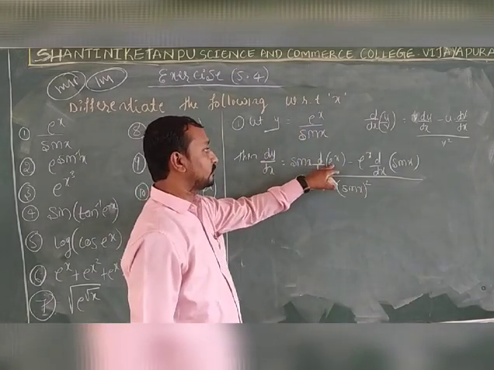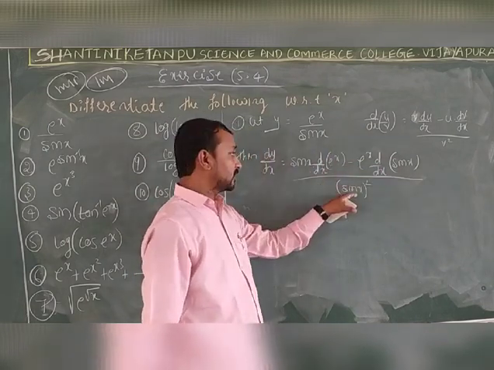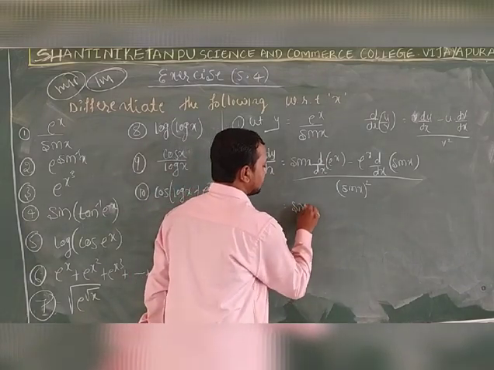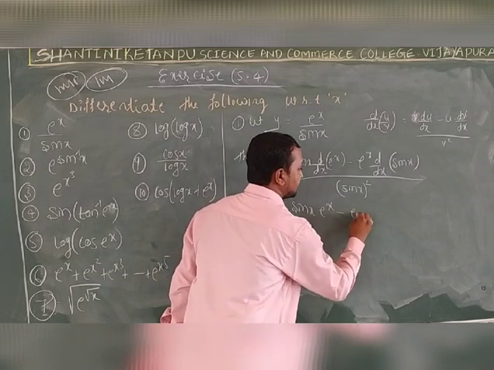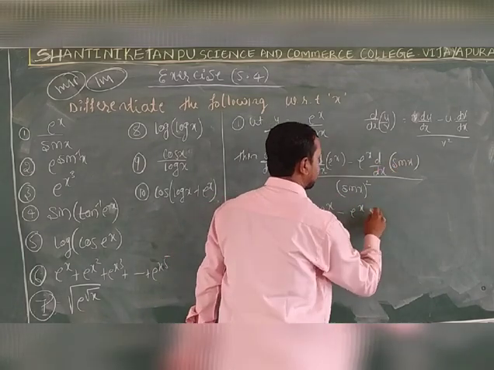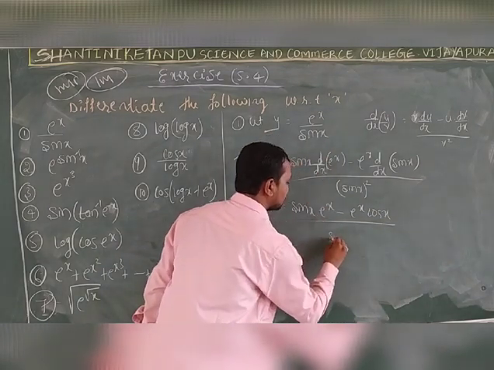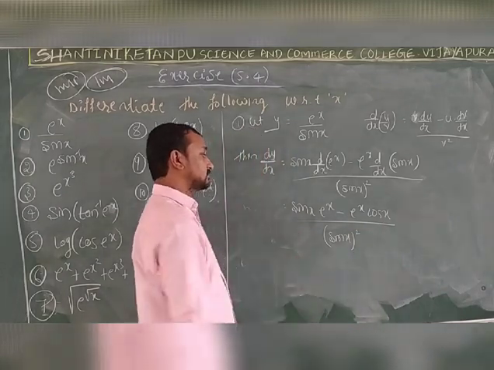Denominator into derivative of numerator minus numerator into derivative of denominator, whole divided by denominator whole square. Then sin x as it is. The derivative of e raised to x is e raised to x, minus e raised to x as it is. The derivative of sin x is cos x, whole divided by sin x its whole square is the answer.